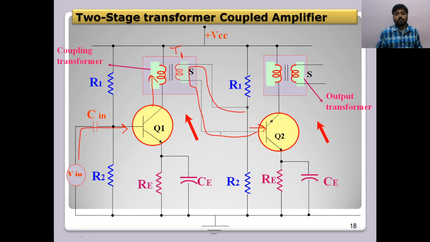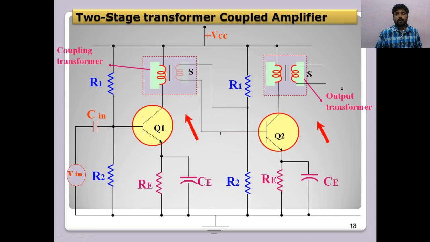This input is again amplified by the transistor action of the second stage transistor Q2, and a voltage is developed across the collector of Q2, which induces an EMF in the primary of the coil. Due to the mutual inductance, the secondary coil of transformer 2 gets an EMF here, and this is the output which is connected to the RL.